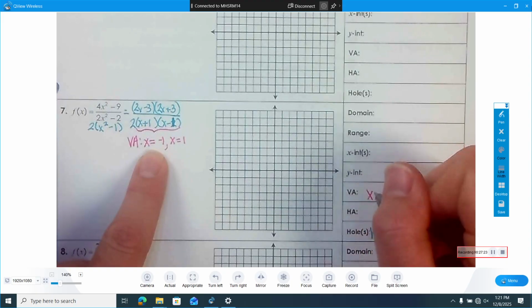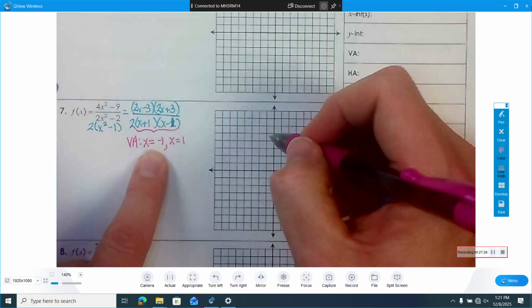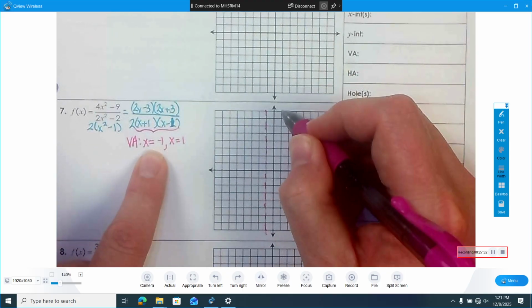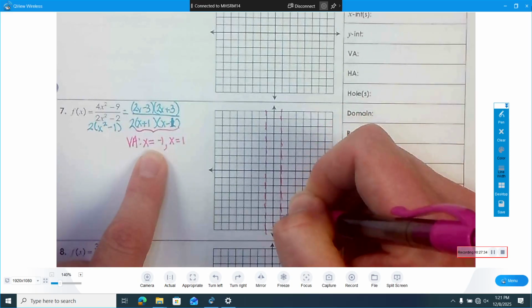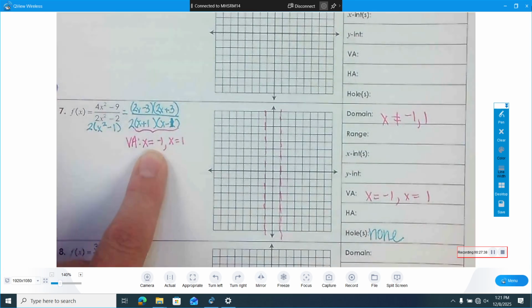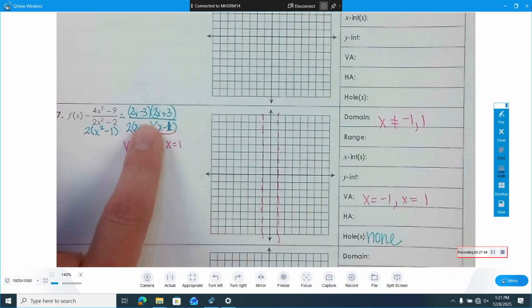So we have these little dotted lines. It happens to match the domain. We're not allowed to equal negative 1 and positive 1. All right, what do the numerator bubbles tell me?